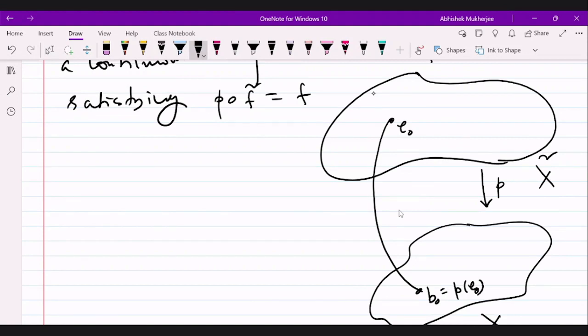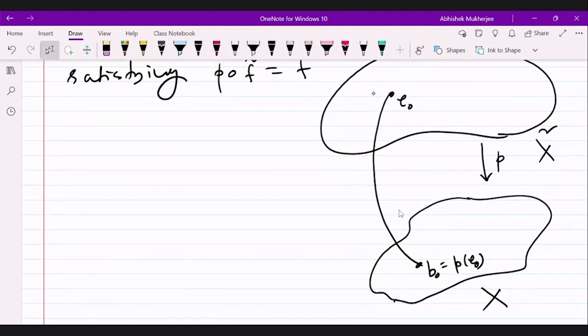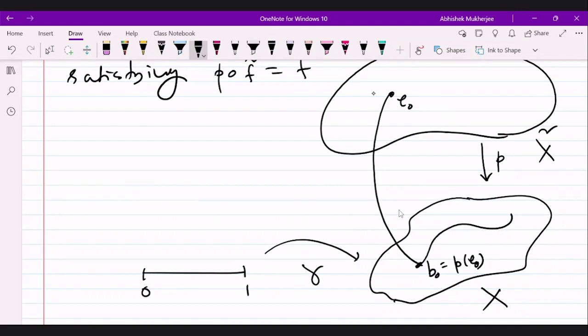Now what is happening here? So suppose you take a path gamma. So this is your path gamma starting at b naught.